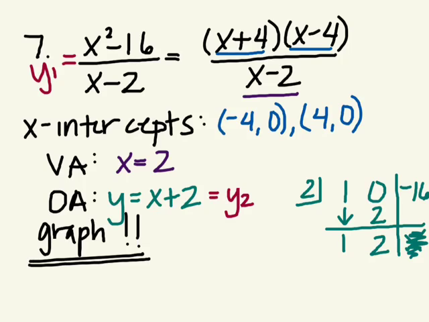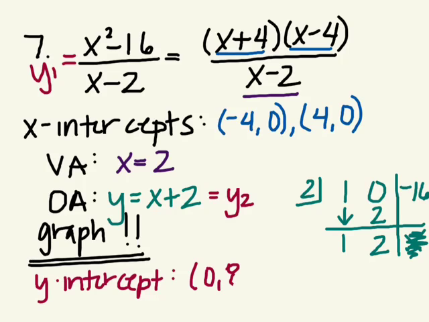From this graph, you can get your y-intercept. When you graph it, you should see that the y-intercept is 0, 8. And I would use the table function so that you can get a really, really nice graph.